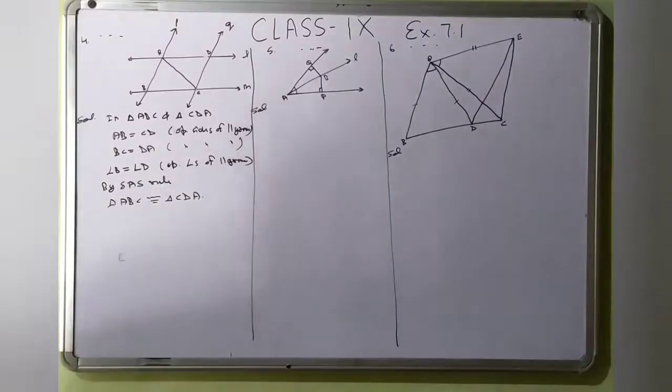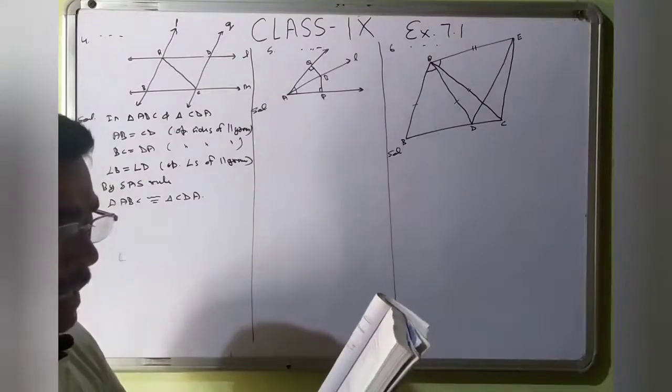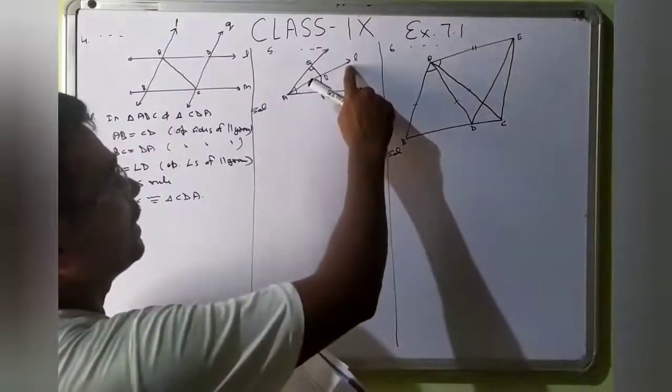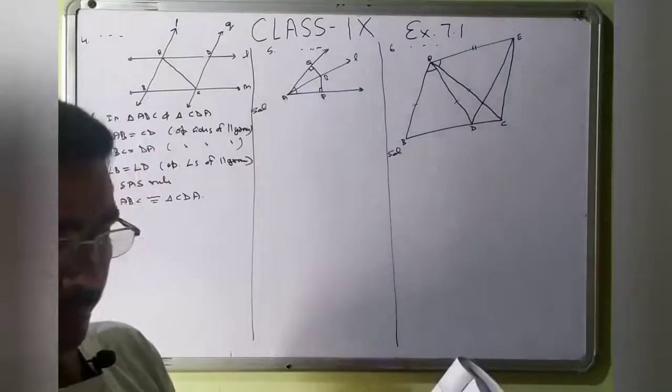Okay. Question number 5. Line L is the bisector of angle A. That line is a bisector of angle A. It means these angles are equal.